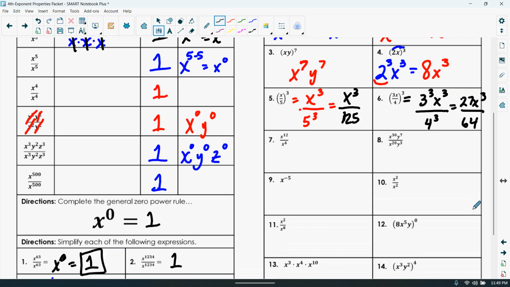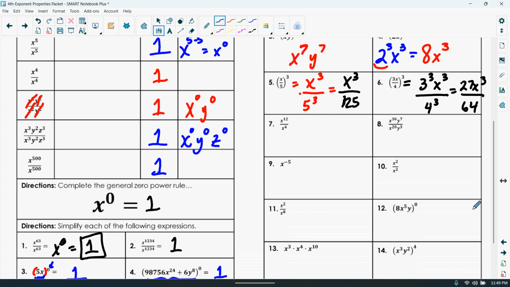Now we're doing what we just kind of covered, the quotient rule, the zero exponent rule, the negative exponent rule. So here we're subtracting. So this is x to the 12 minus 4, which is x to the 8th. Subtracting as well, but doing each variable.